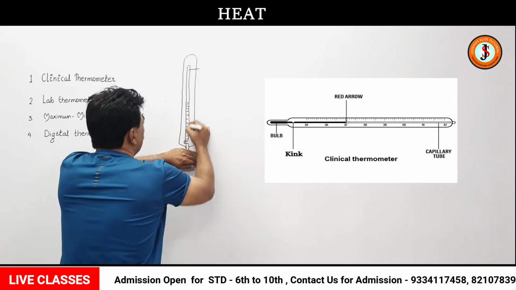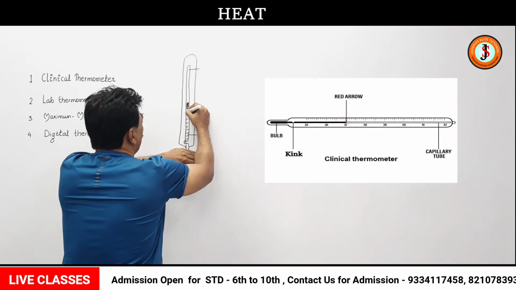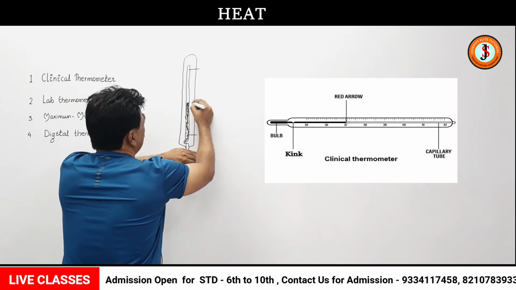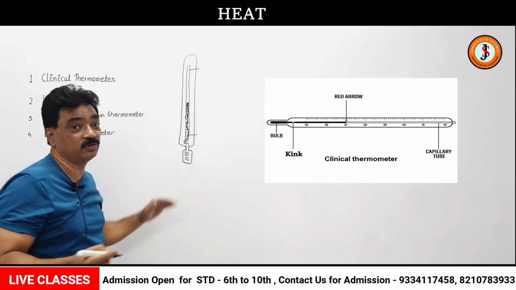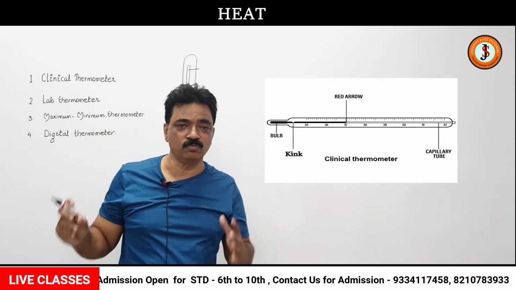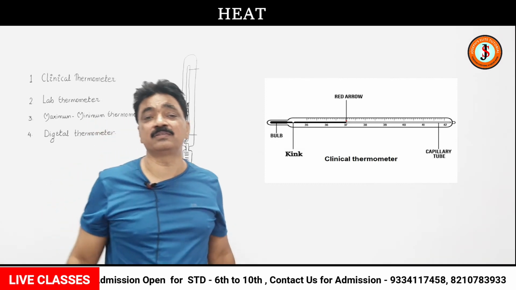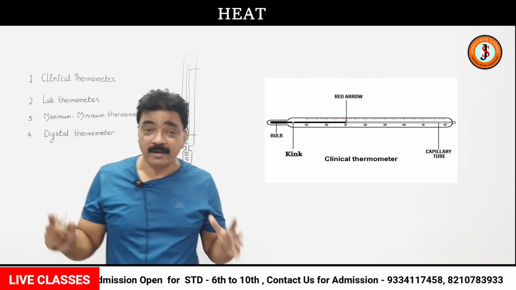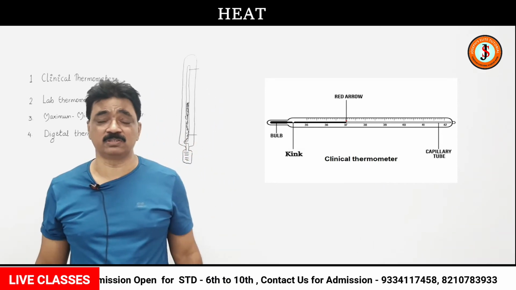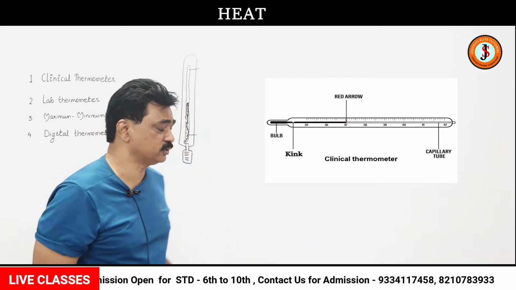Say mercury has risen till here, and this temperature is 37 degrees centigrade, then you can say that I don't have fever, I have normal body temperature. The normal body temperature for a human being is 37 degrees centigrade, and in Fahrenheit it is 98.6 degrees Fahrenheit. So this is first we have to understand.